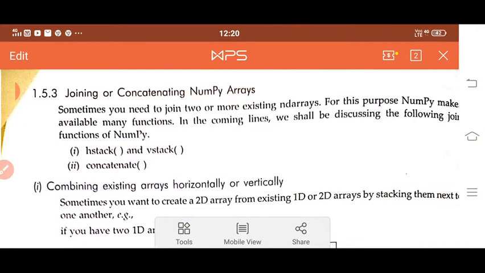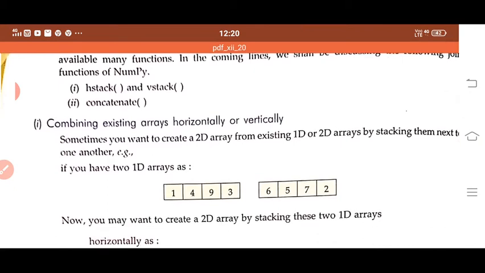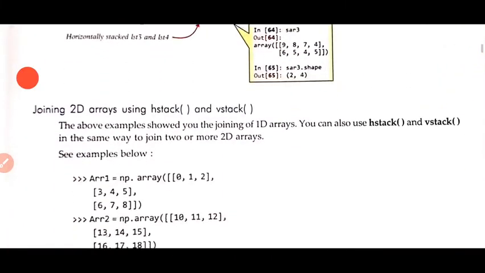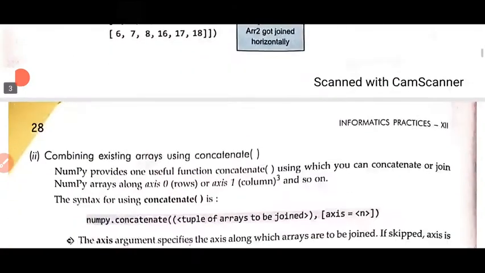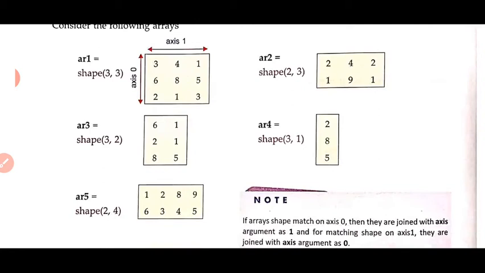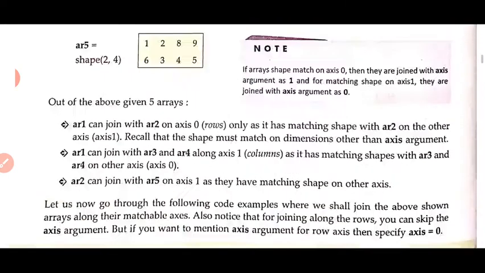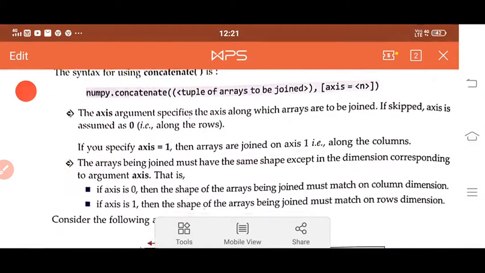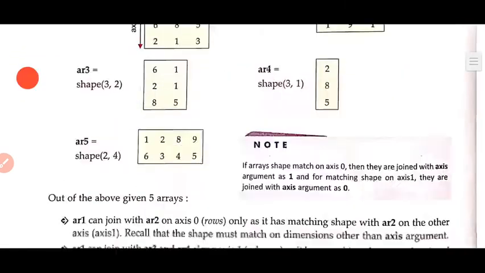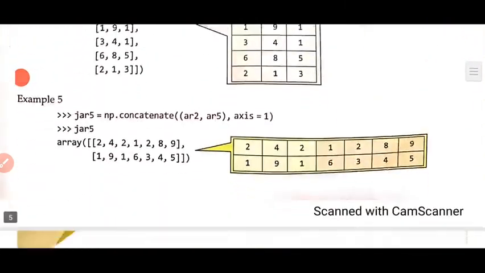Combining existing arrays horizontally or vertically using hstack and vstack for one dimensional and two dimensional arrays, and using the concatenate function. What is the difference? In hstack and vstack, there is no need to define the axis, but with the concatenate function it is needed to write the axis. Axis definition is compulsory.